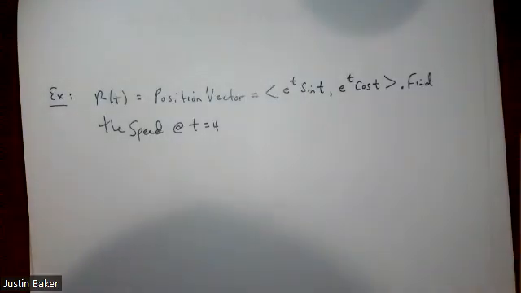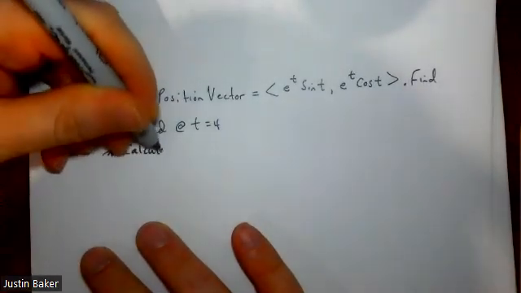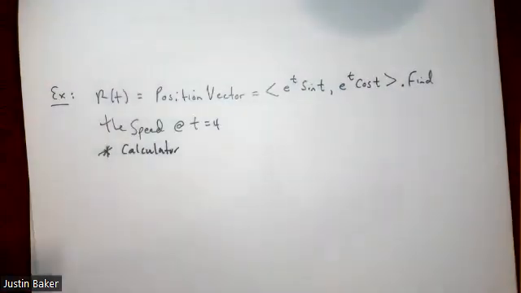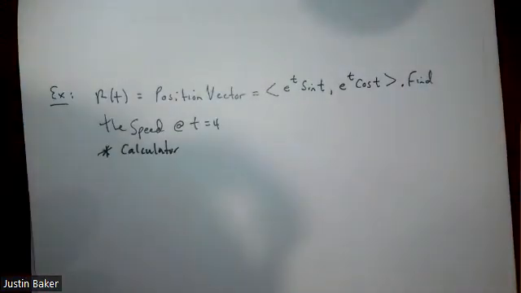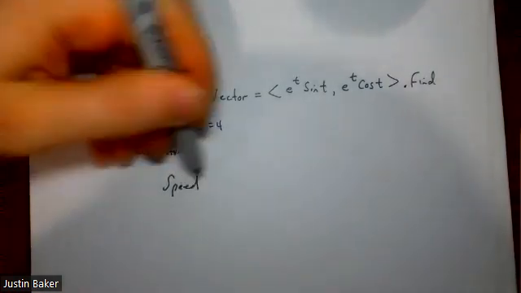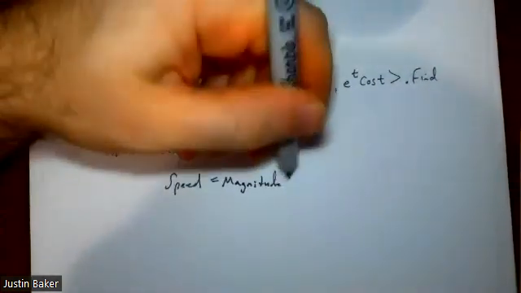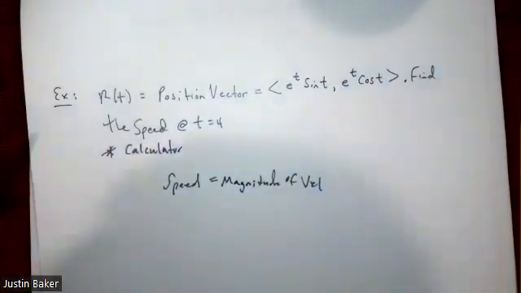For this last one here, the position vector is this. We want to find the speed. And I should also notate on this that this one is a calculator question. Remember that speed is equal to the magnitude of the velocity.